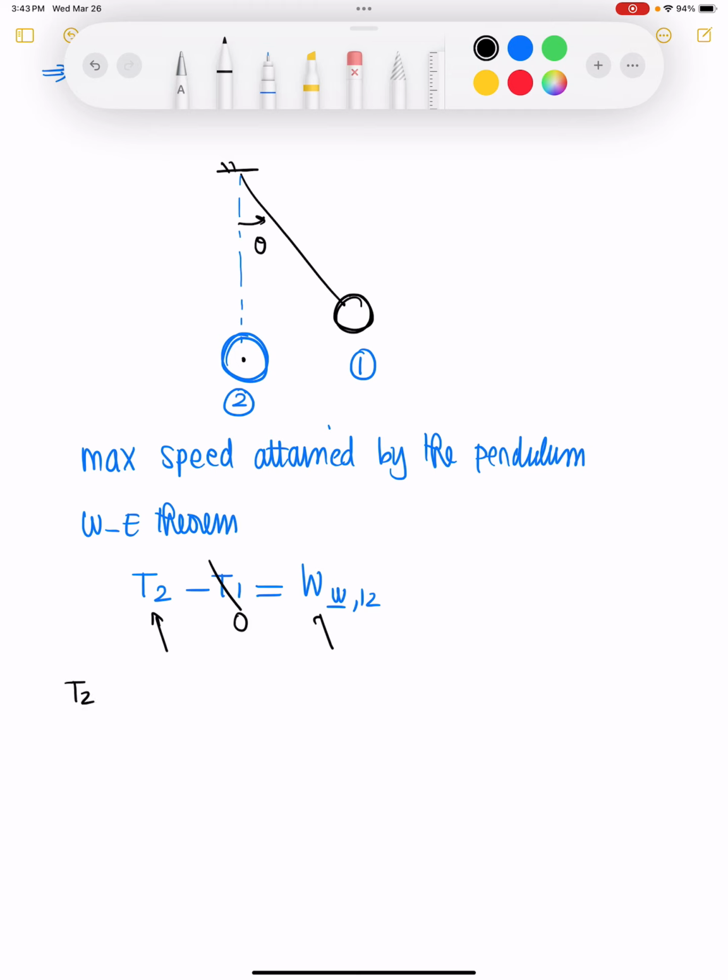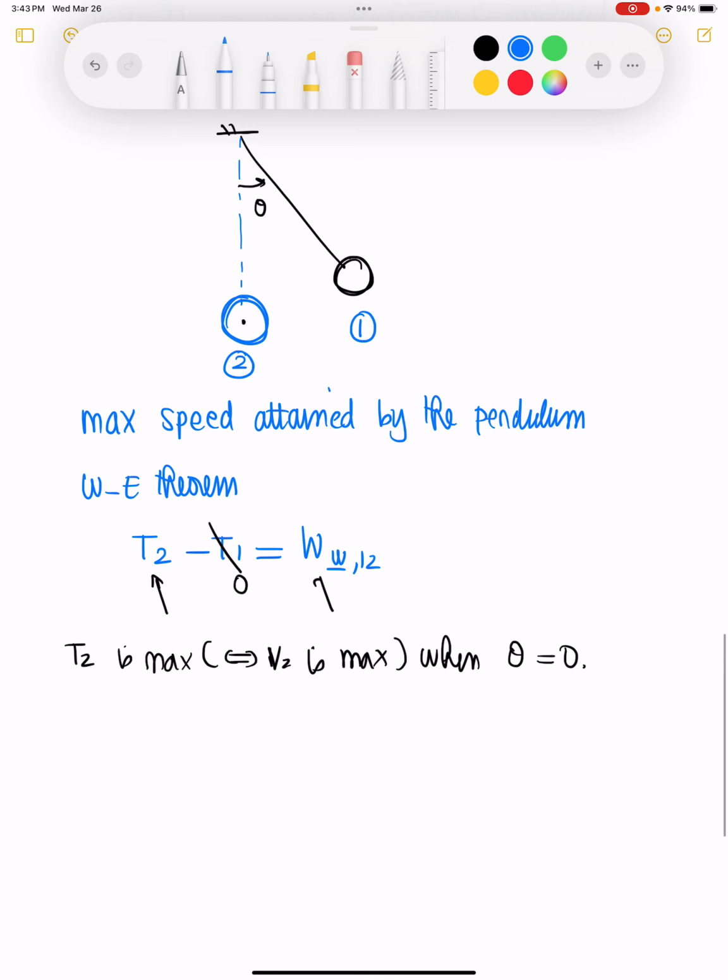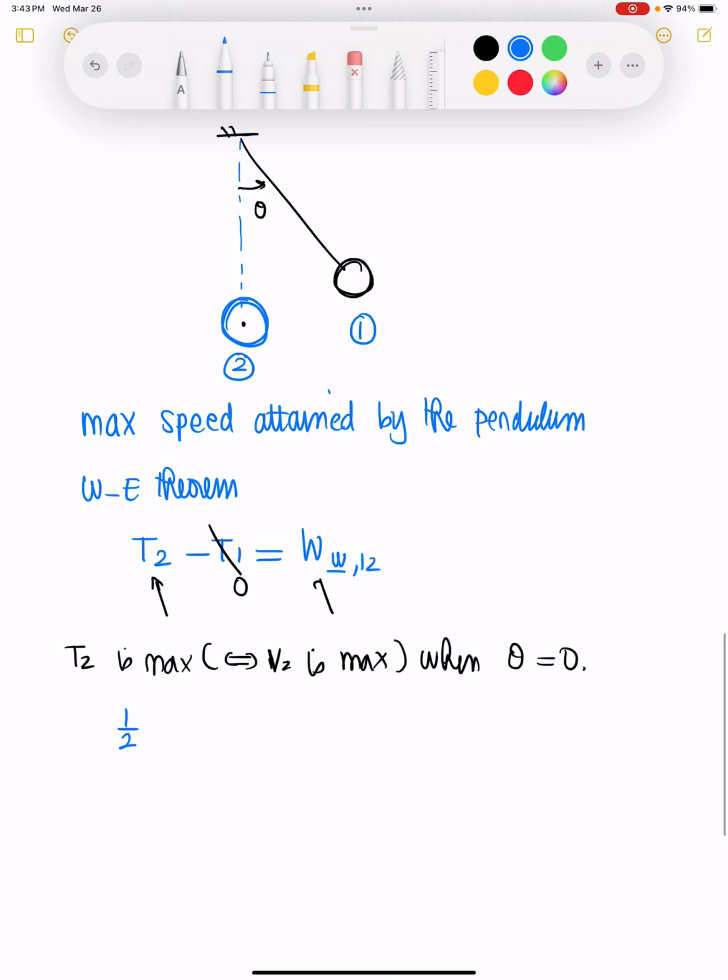So T2 is max, equivalently meaning that V2 is max, the velocity at time 2, when theta is equal to 0. In this case, we'll calculate T2 as half m v2 squared, and the work of the weight is going to be equal to mg times a displacement, h2 minus h1 or h1 minus h2.